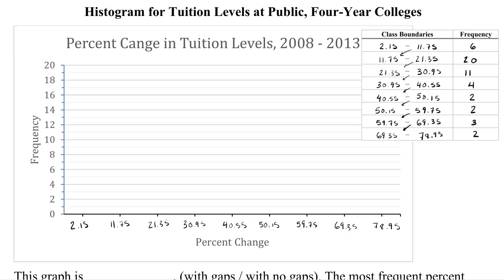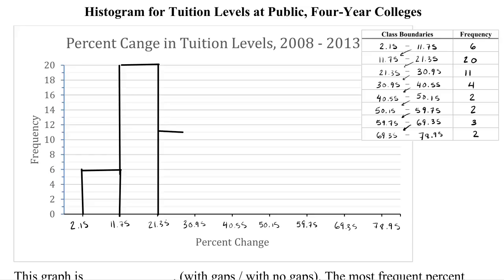Our first bar, we have frequency 6. And then all the way up to 20. And then 11.